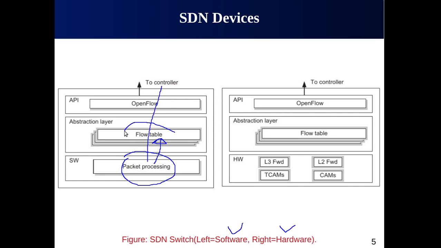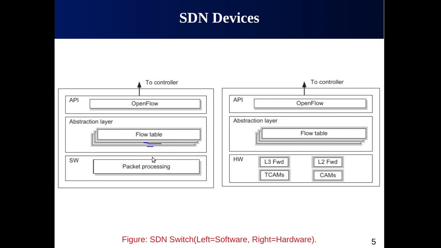Now let us see in detail what this flow table is, or the information within the flow tables. Actually, flow tables are fundamental data structures in the SDN devices. And these flow tables allow the device to evaluate the incoming packets and take the appropriate actions.